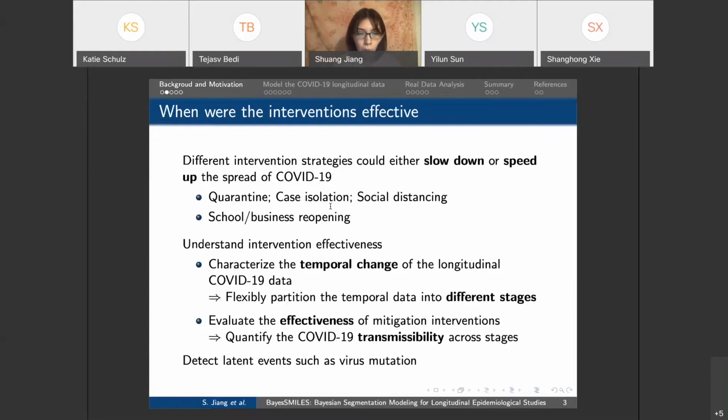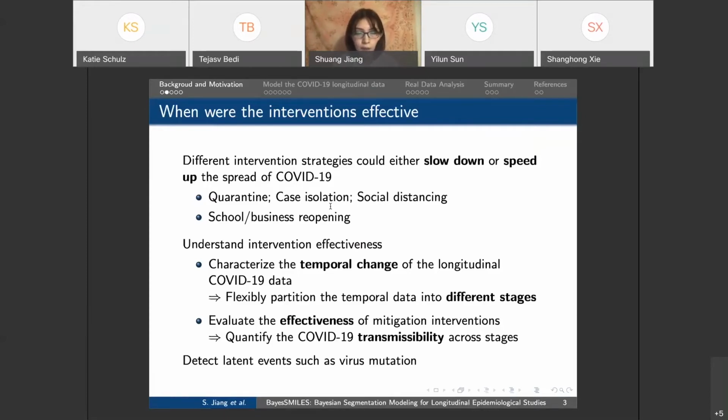Our model, Bayes Miles, aims at detecting the transition points that partition the observed temporal data into different stages or segments. The transition from one segment to the next could be due to intervention effects if we can match the transition time with the time when the intervention is announced.